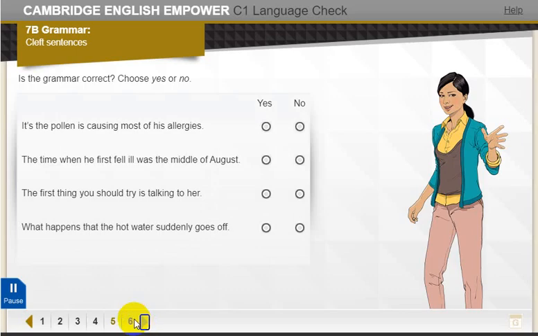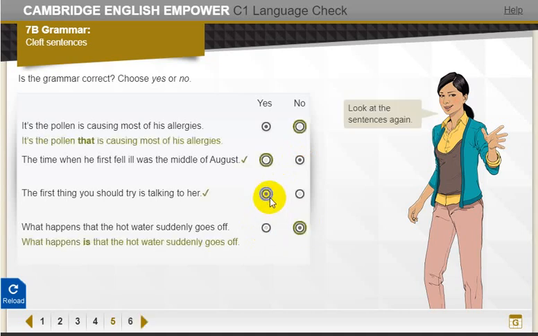Is the grammar correct? Choose yes or no. Look at the sentences again.